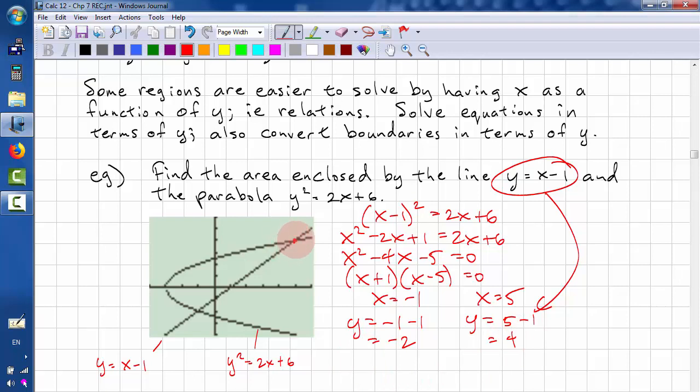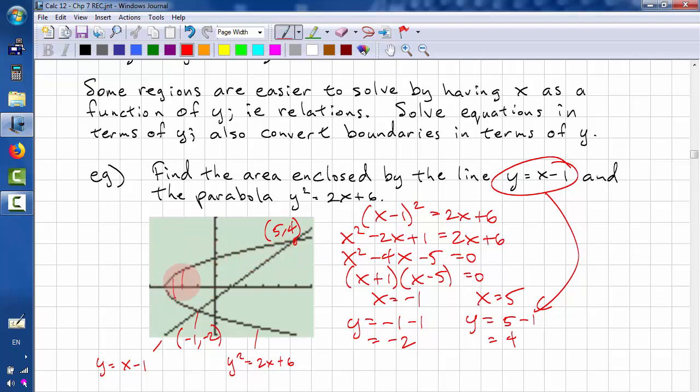If we want to look at this on the graph, we have 5, 4, and here we have negative 1, negative 2. And we're going to be integrating with respect to y. So our slices go like this rather than like this. Let's just take a look at that a little closer.